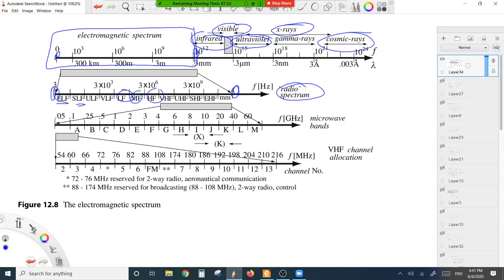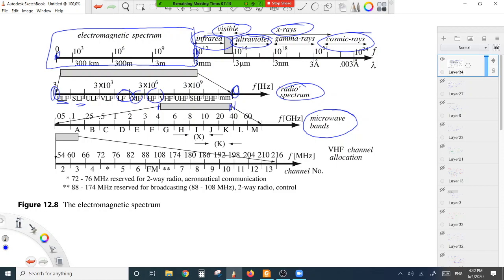The band between very high frequency and a frequency of 3 multiplied by 10 to the power of 12 hertz is called the microwave band.